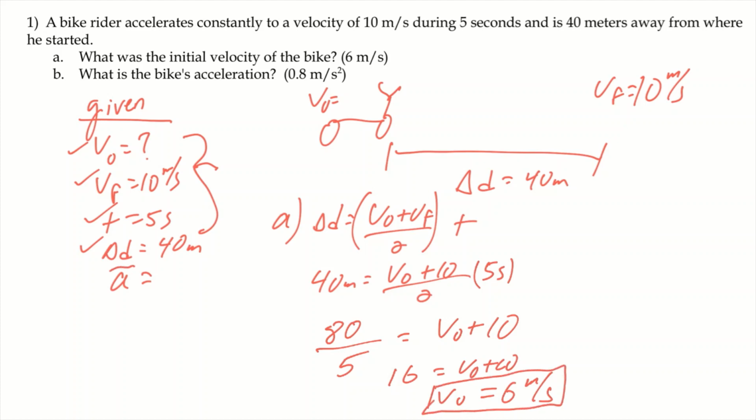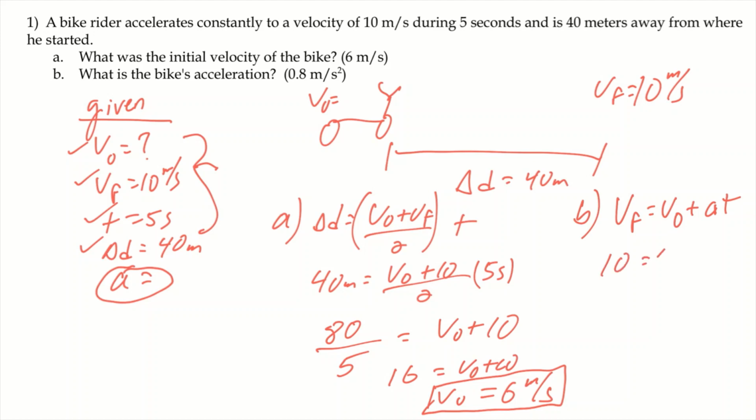Part B is asking for the acceleration. So now we're just going to choose an equation that helps us find the acceleration. In this case, I'm going to use V final equals V initial plus AT. So my V final we said was 10.